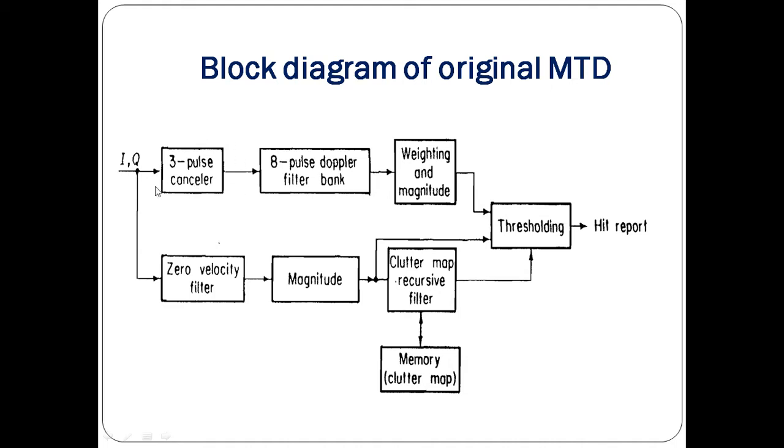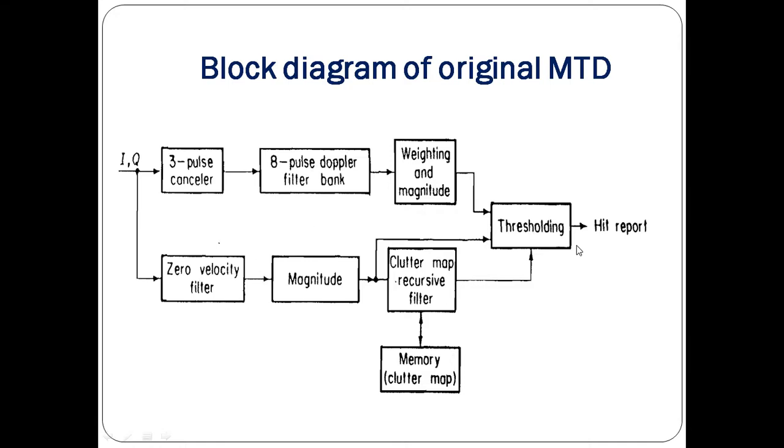It includes several very important blocks: 3 pulse canceller, 8 pulse Doppler filter bank, frequency domain weighting, adaptive thresholding, the clutter map, and zero velocity filter.